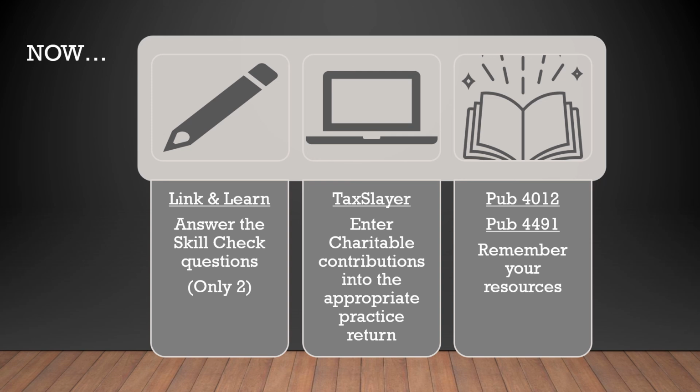As always, we have our Publications 4012 and 4491. And I have great news. The IRS has now updated those for 2021 returns. So it will have everything current to current tax law changes, which in our next lesson, where we cover credits for children and other dependents, we're going to start running into a lot more of these changes.